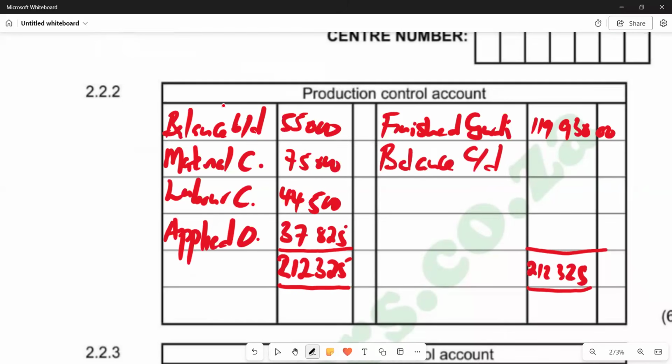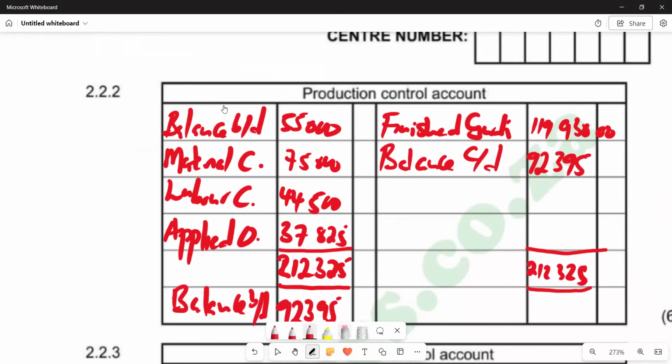We say 212,325 minus 119,930. And obviously, the answer that you are supposed to get there is 92,395. $92,395. So this is what we have. So we can just try to verify if we have got the correct calculations there.